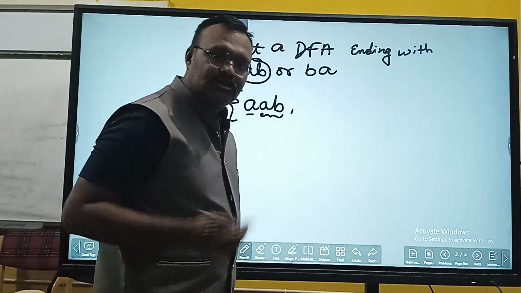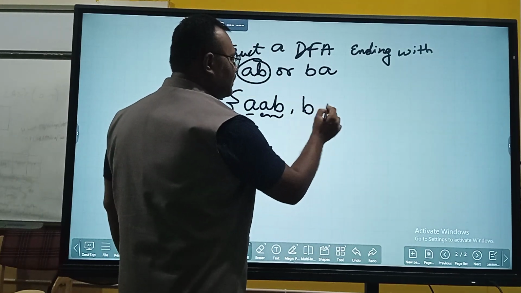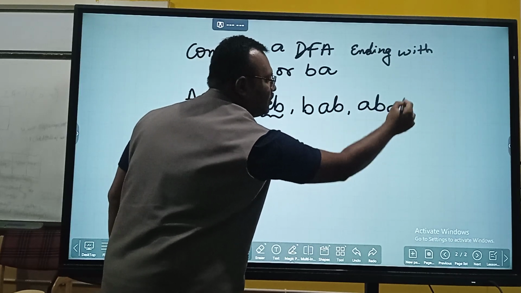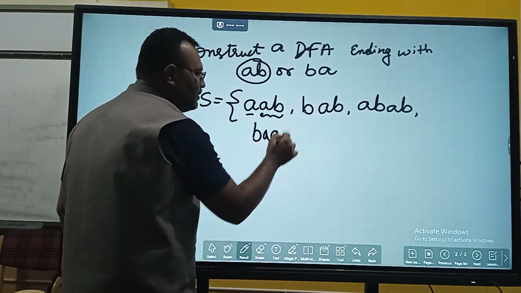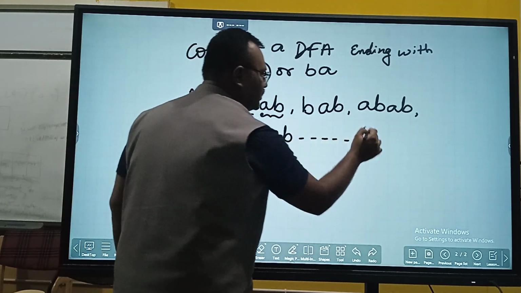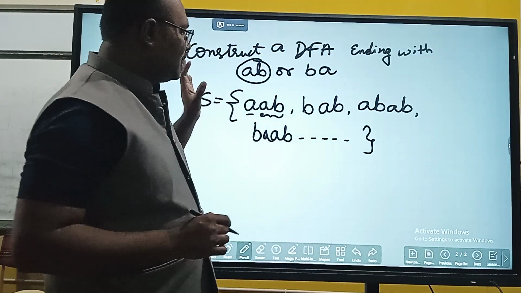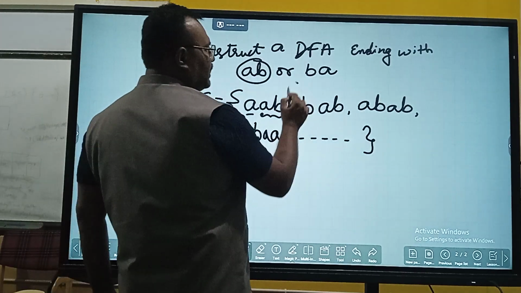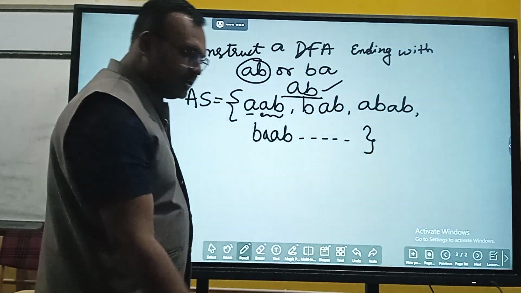Similarly, I'll keep on writing some of the strings that always end with AB. So it can be BAB also, it can be ABAB also, right? It can be BAAB also, and so on. So these are the few strings that are ending with AB. I can give AB as well, right? AB is also ending with AB, correct?